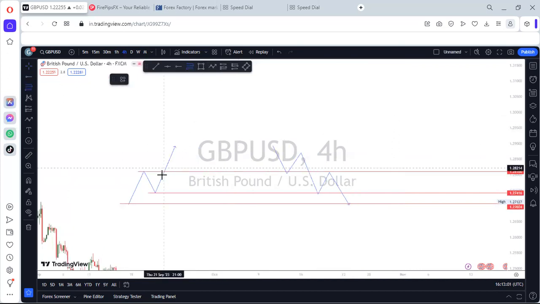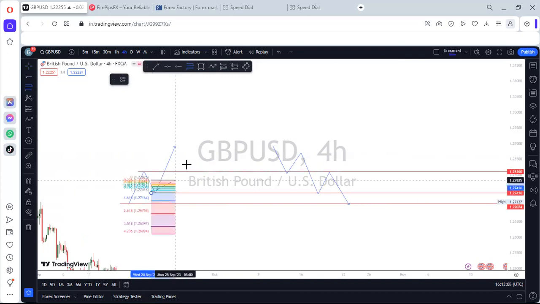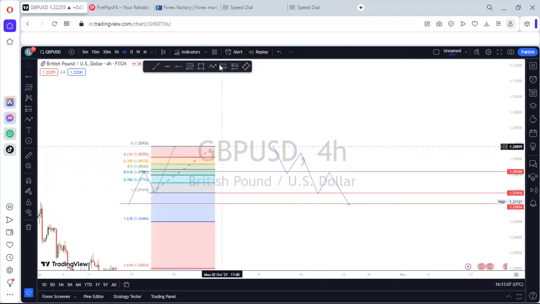Let's try putting it up here. This is the recent low, right? To the recent high. So in this case, we are expecting this market to retrace, to pull back to either this level right here, this level, this level, or this level right here, or even this level, right?